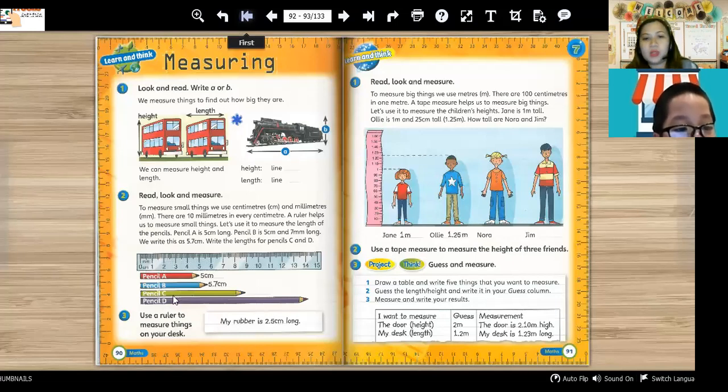I'm just expecting your homework on Wednesday. Please don't forget to measure your 3 friends. You can measure your other friends as well.